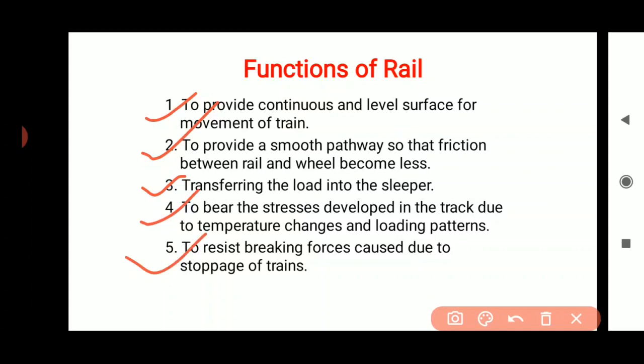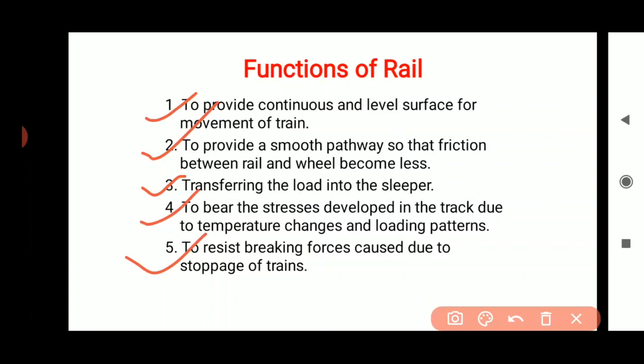That means rails bear the stresses developed due to heavy vertical loads of the train, the lateral loads generally due to wind load, braking forces due to the sudden braking and starting of trains, and thermal stresses.